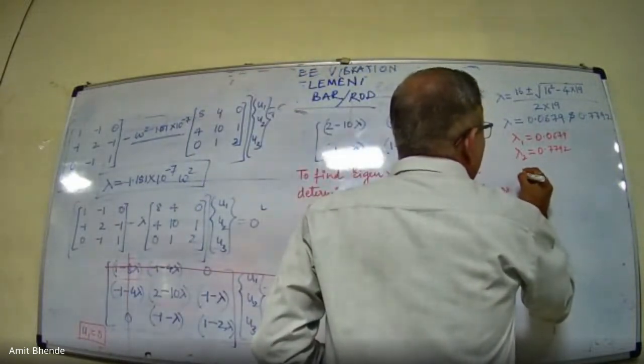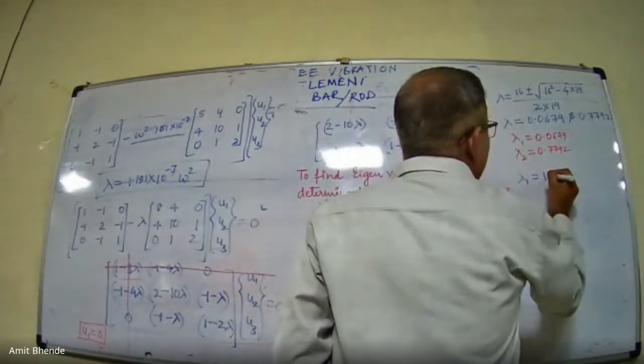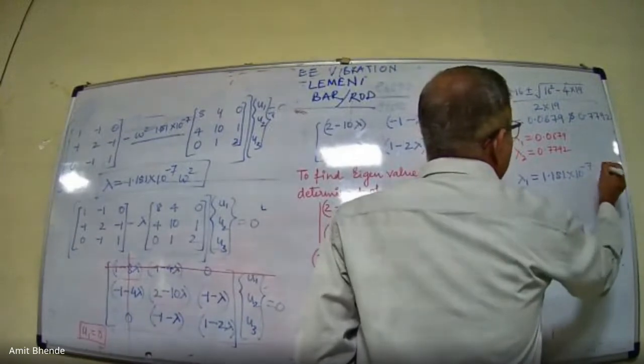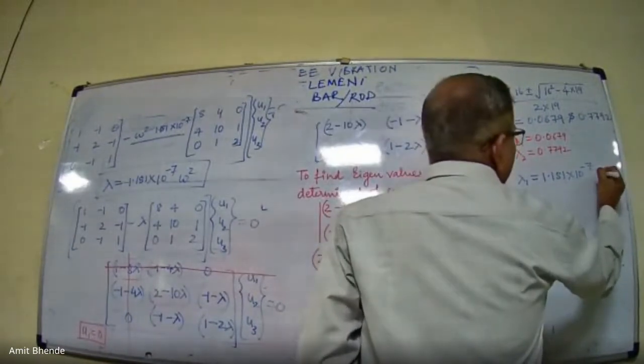So lambda 1 is equal to 1.181 into 10 to the power minus 7 omega 1 square.